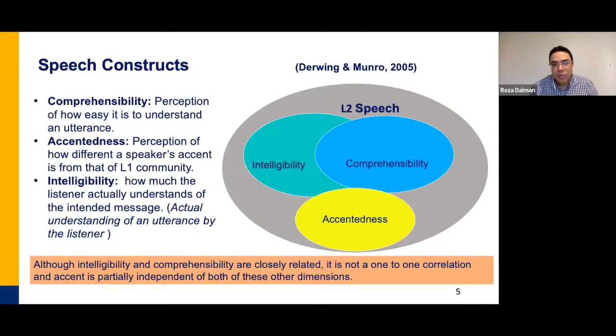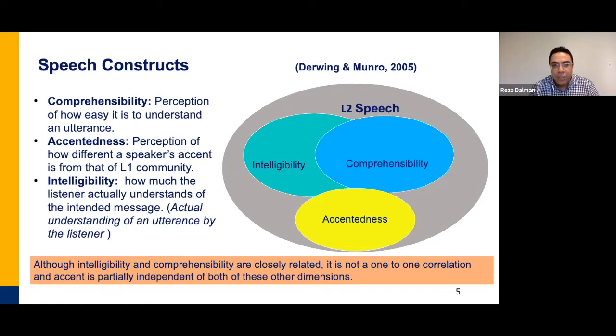In the field of L2 speech pronunciation, research has focused on investigating three speech constructs. The first one is comprehensibility, which is the perception of how easy or difficult it is to understand an utterance. Accentedness, which is the perception of how different a speaker's accent is from an L1 community.